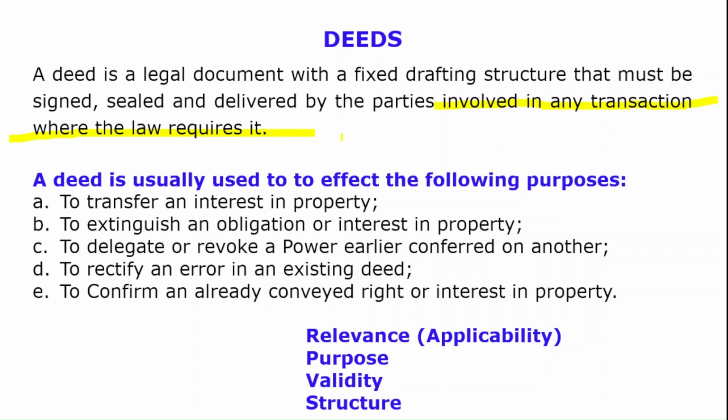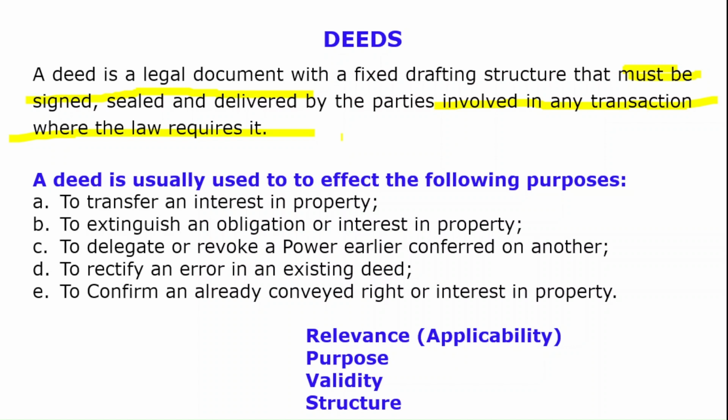So notice that phrase now: must be signed, sealed, and delivered. Notice it is a must. So when you talk about these legal documents, that is all these examples of deeds we have mentioned, deed of assignment, deed of rectification, supplementary deed, deed of revocation, deed of release, deed of reconveyance, deed of legal mortgage, lease, for that document to be valid, for you to even say, this is a deed, it must have been signed, sealed, and delivered by the parties.